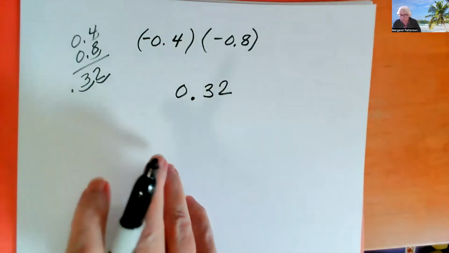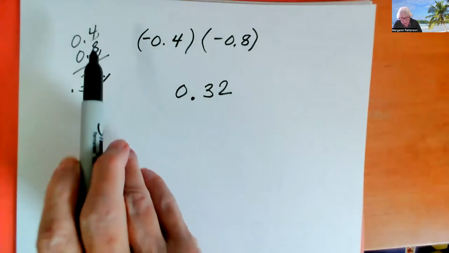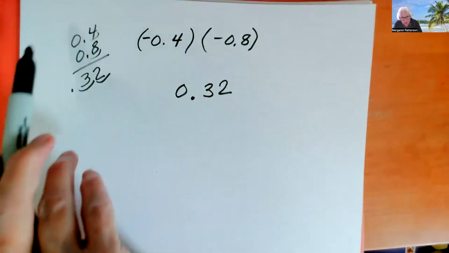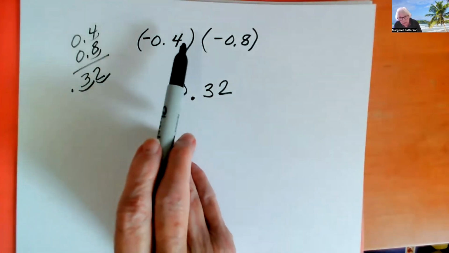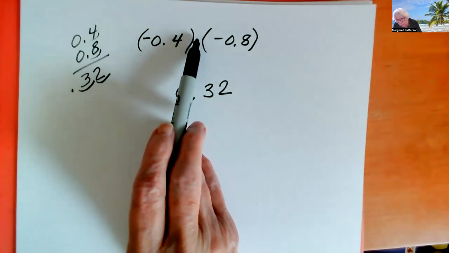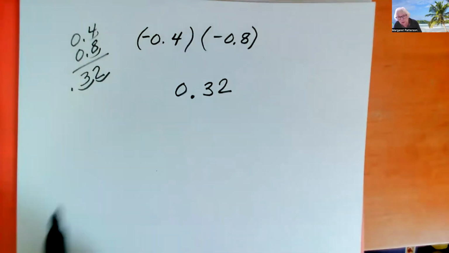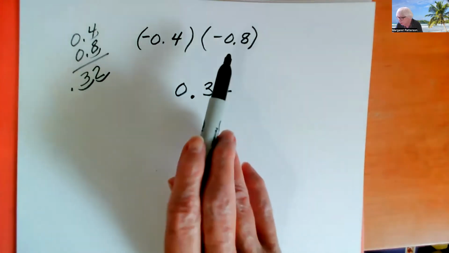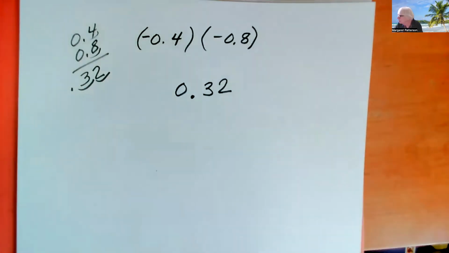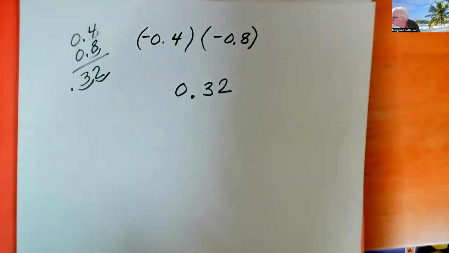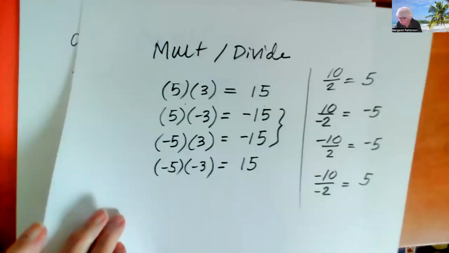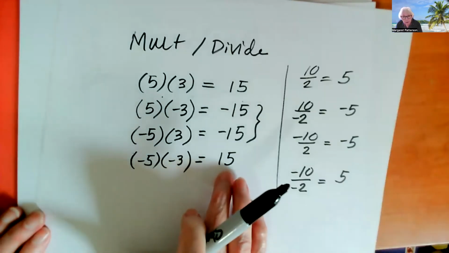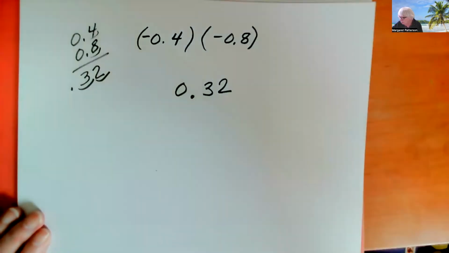Your job is, this is what we already went over. This is what you already know. Your job, it's clearly multiply because there's no sign between them. So you take it as multiply. Your job is to decide whether it's a positive 32 hundredths or negative. 2 negatives, if you recall, when multiplied ends up being positive.